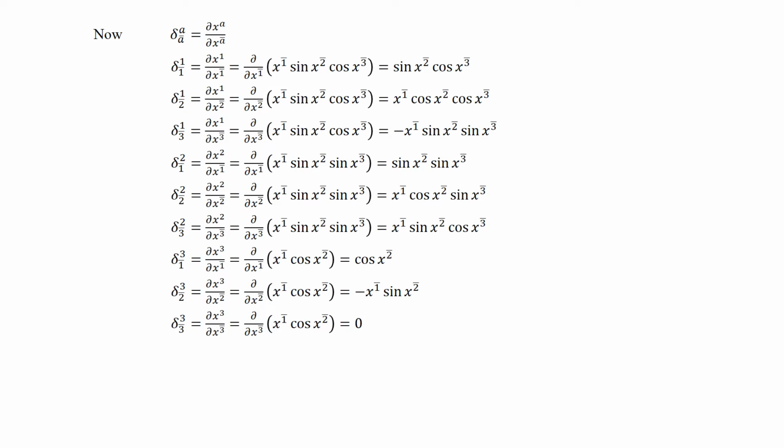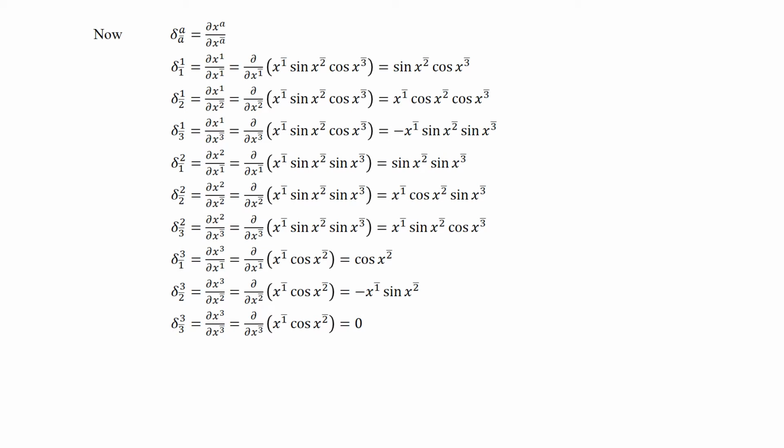So here we replace them with the new coordinate system: x1 bar sin x2 bar cos x3 bar. Taking the derivative with respect to x1 bar, x2 bar and x3 bar are treated as constants. So the derivative of x1 bar is 1, and we obtain sin x2 bar cos x3 bar.